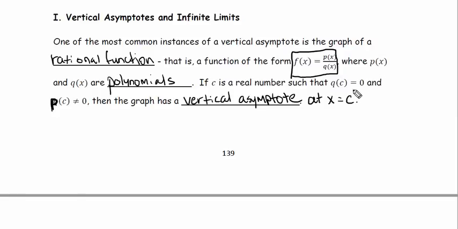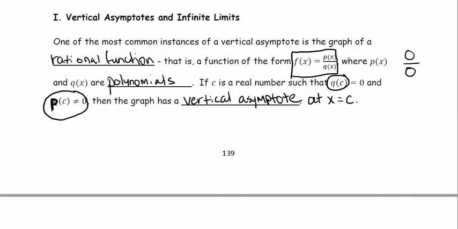So if the denominator is equal to 0, because remember q of c was the denominator, and the numerator is not equal to 0, then the graph has a vertical asymptote. Now if they're both equal to 0, like 0 over 0, then we have a different problem that we're not going to address at the moment.